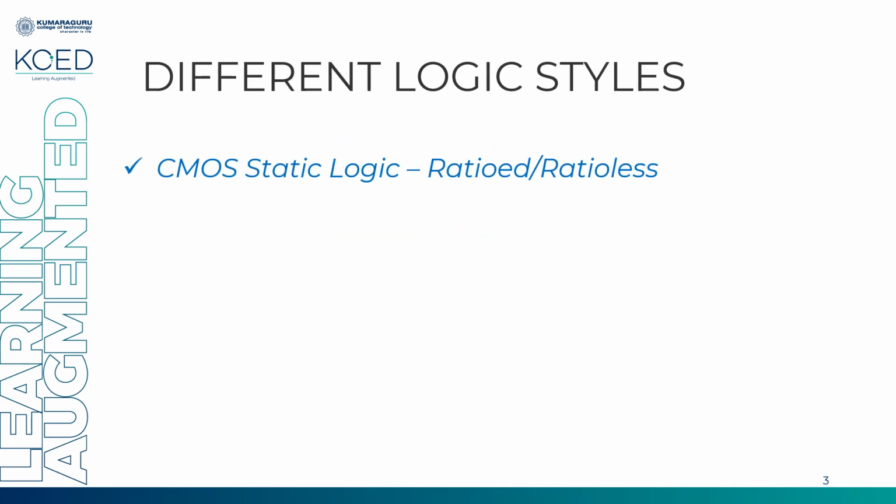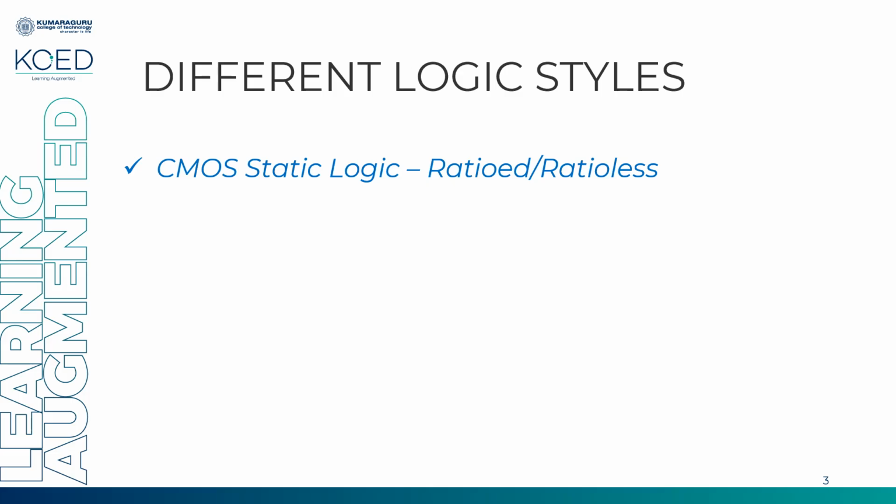So these are the different logic styles that are available, and there are many logic styles available. In this unit, as per your syllabus, we'll be seeing some of those. We'll be analyzing what is CMOS static logic. This CMOS static we have already seen in switch level modeling. When you design the basic gates for switch level modeling, you use CMOS static logic, that is ratioless.